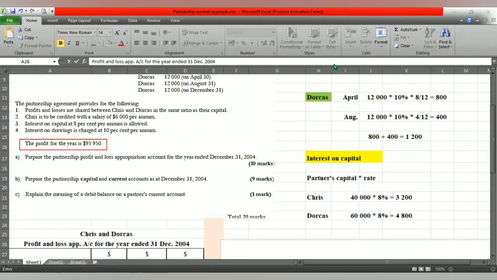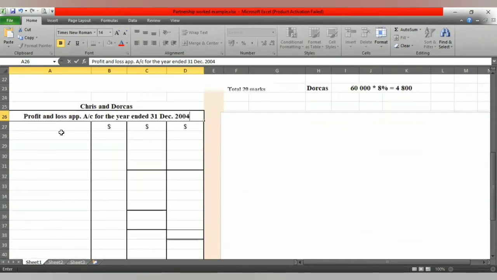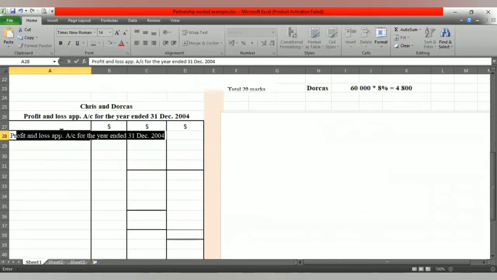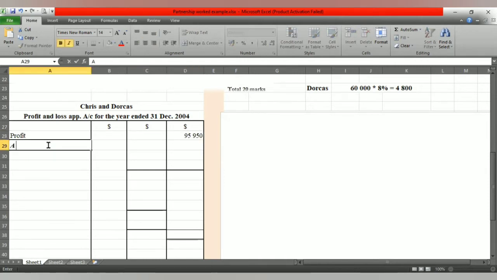So we're going to enter that in our appropriation account. So profit is $95,950.